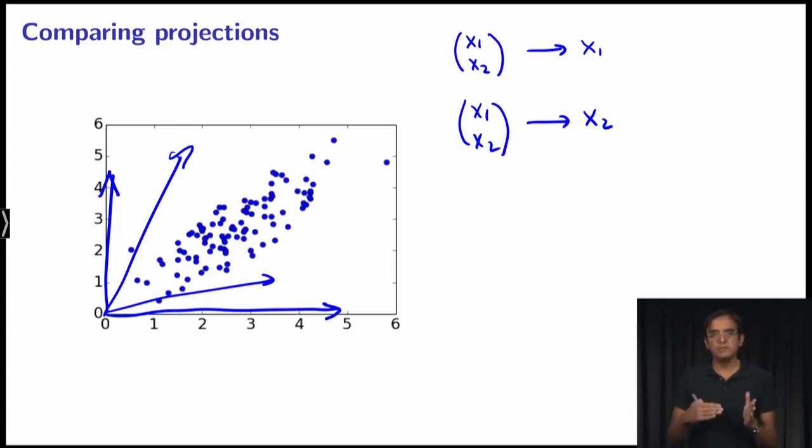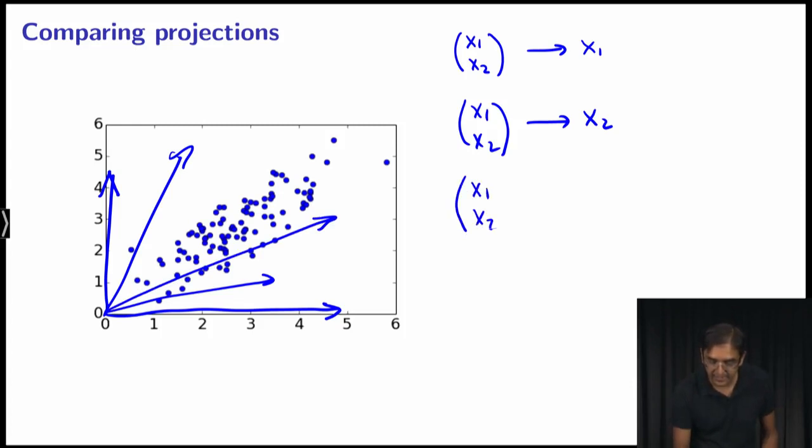But there's no reason why we need to limit ourselves to coordinate projections. We can also project onto another direction like this. And if we project onto an arbitrary direction of this kind, then x1, x2 gets mapped to some linear combination of x1 and x2. It gets mapped to a single number of the form ax1 plus bx2, where a and b are some constants.